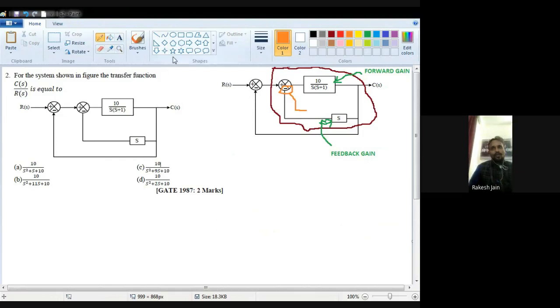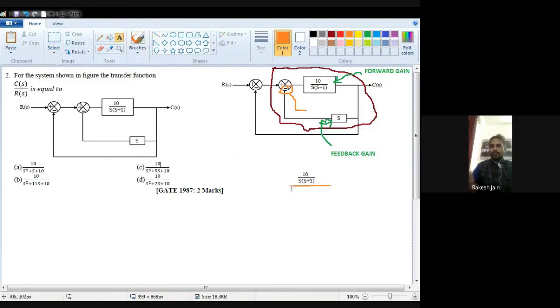So what is the solution of this inner block? How can we reduce this inner block? By using the method: forward gain. So what is the forward gain? 10 upon S(S plus 1). So forward gain divided by 1 plus or minus forward into feedback.